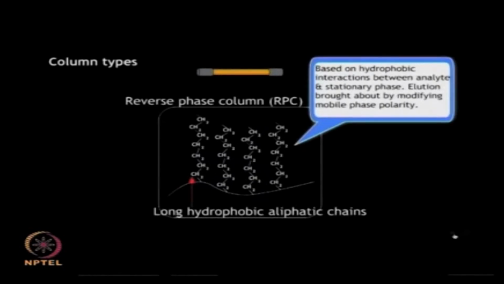Reverse phase chromatography is another commonly used tool, which uses a hydrophobic matrix consisting of long aliphatic carbon chains. These resin analytes separate on the basis of hydrophobic interactions and can be eluted by changing the polarity of the solvent.